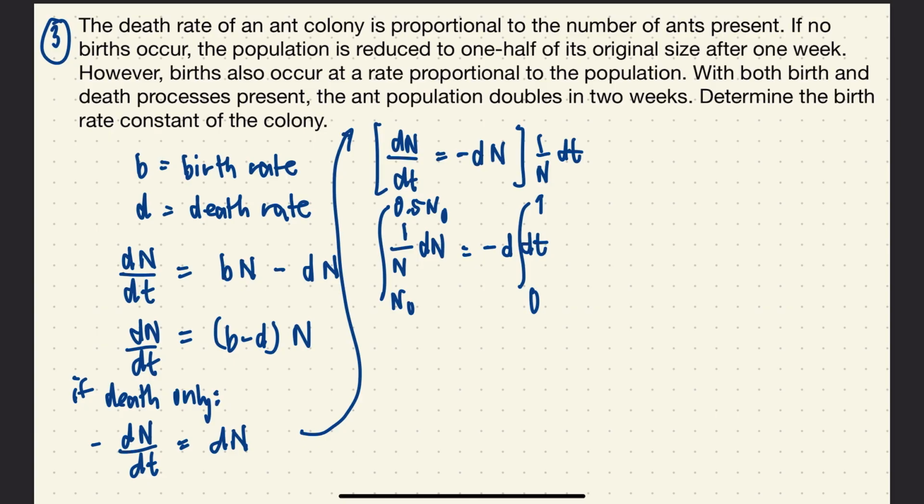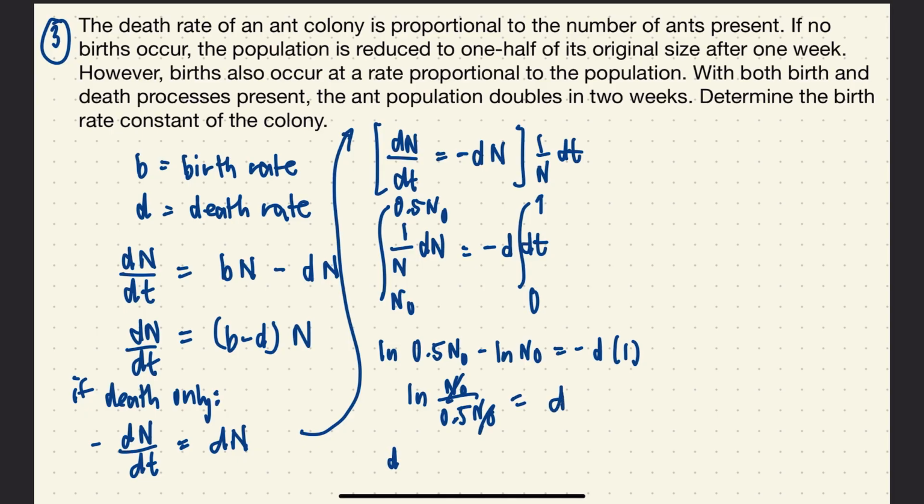So this becomes ln of 0.5 N sub o minus ln of N sub o is equal to negative D times 1 minus 0. Okay, so multiplying both sides by negative 1 and rearranging the ln, this becomes ln N sub o over 0.5 N sub o, because of the negative. So, cancel N sub o. This becomes your D as ln of 1 over 0.5.